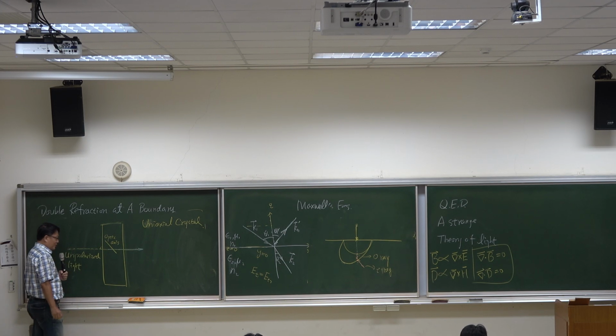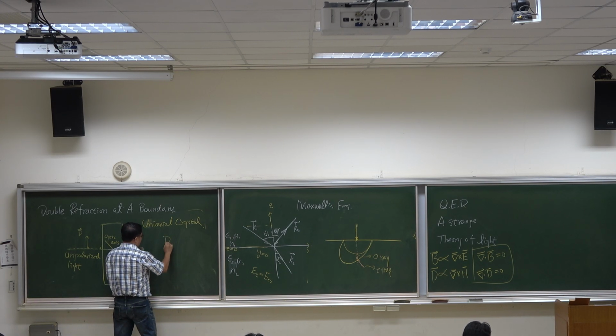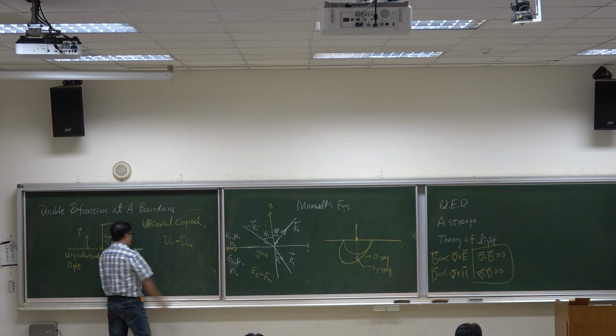However, we can also have another polarization. Suppose the D vector is perpendicular to the beam. We learned that Dn1 is equal to Dn2.